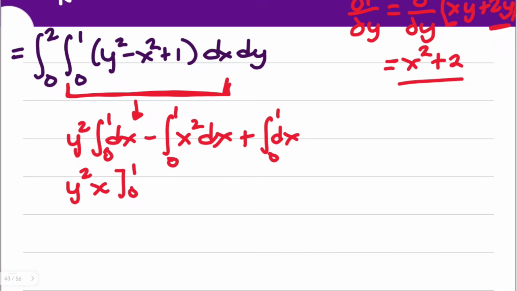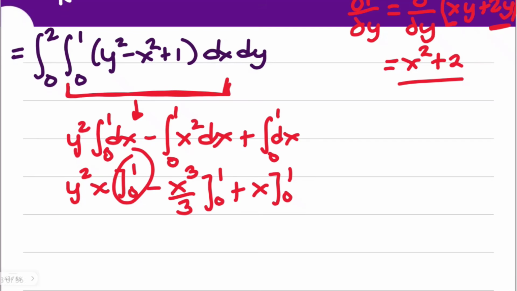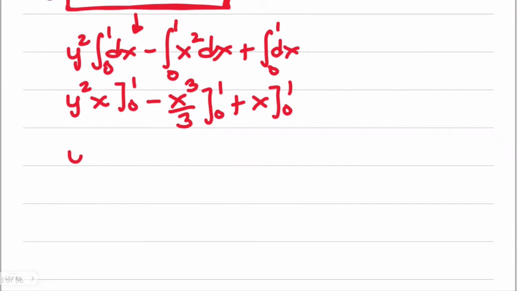Similarly, for the second term, the integral of x squared is x cubed over 3, from 0 to 1. And again, similar to the first term, the integral of dx is x from 0 to 1. These boundaries will be applied to x, while the y is treated as is. So in this step, you will have y squared times 1 minus 0.